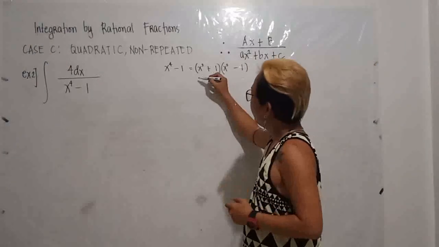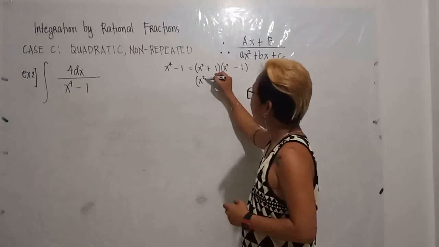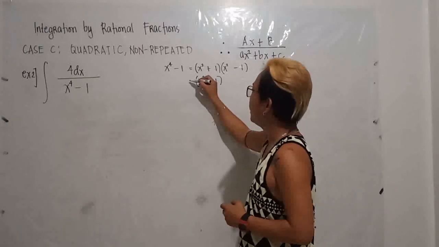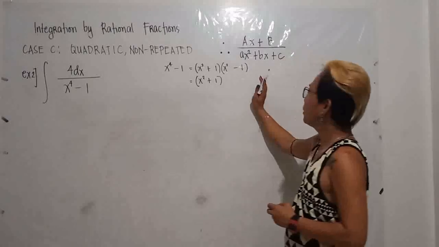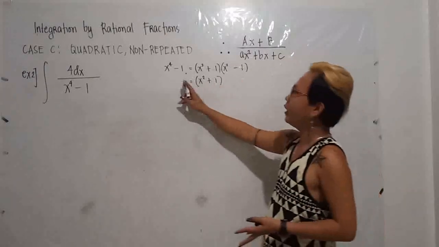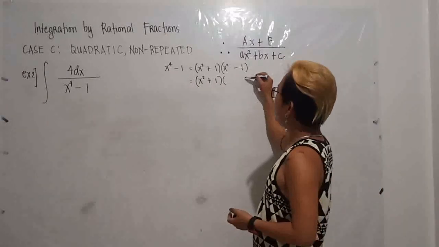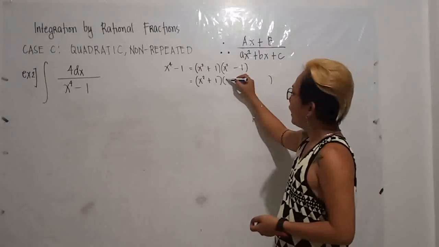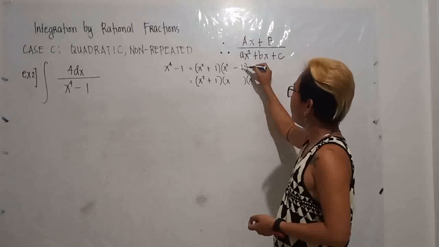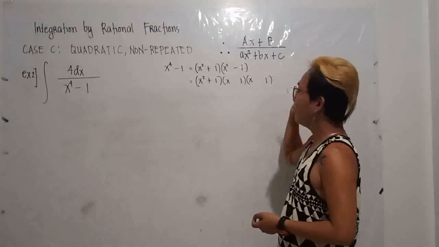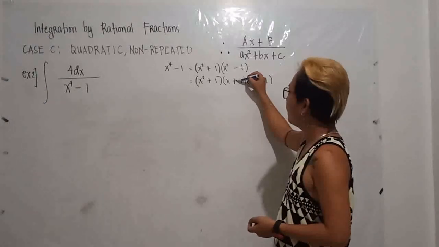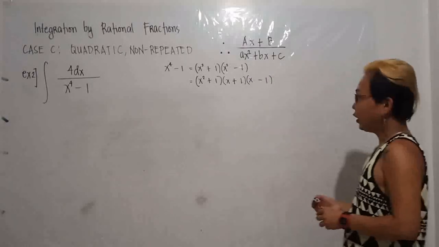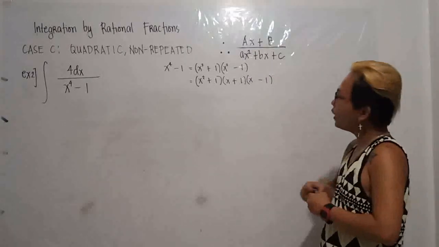So, si x squared plus 1 is the same as x squared plus 1. Pero si x squared minus 1 is also under ng method na ginawa natin kanina. So you will now have, this is x and x, this is 1 and 1. Then you will have plus and minus. So try to evaluate again.